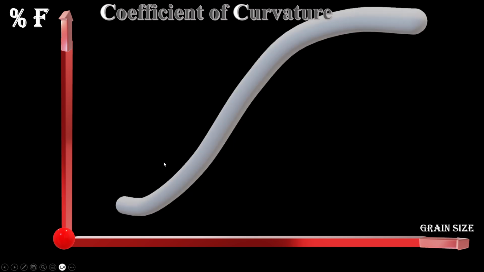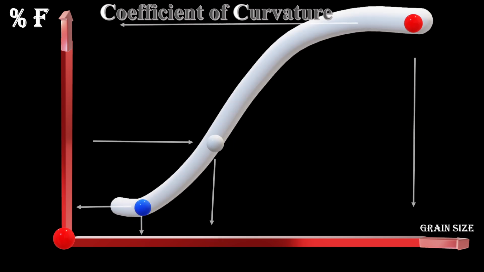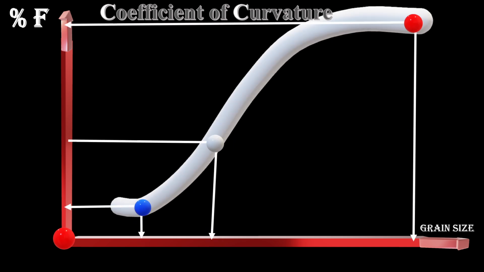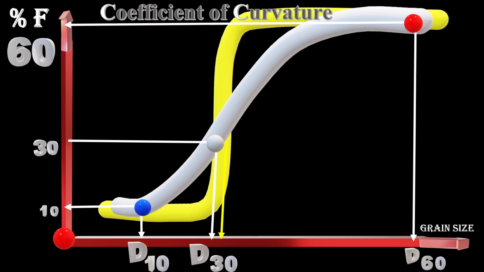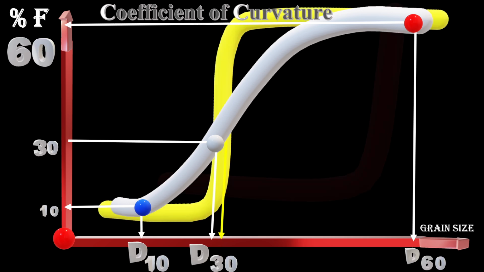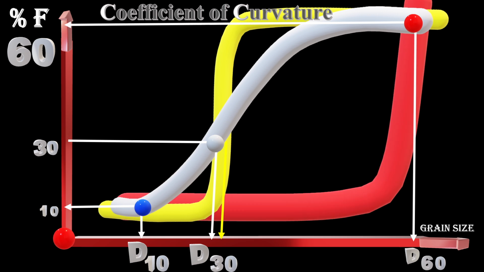You can easily see that the D60, D30, and D10 for these three shapes vary across the original, convex and concave samples.